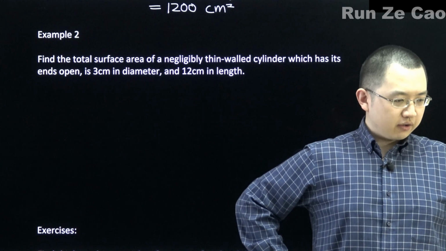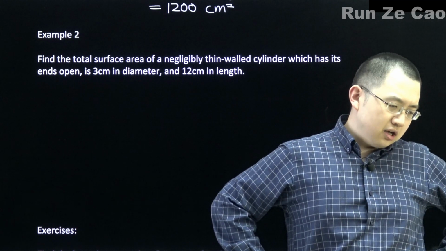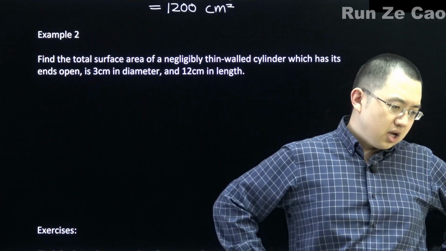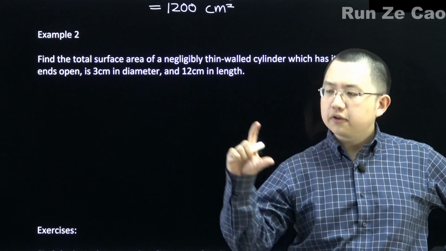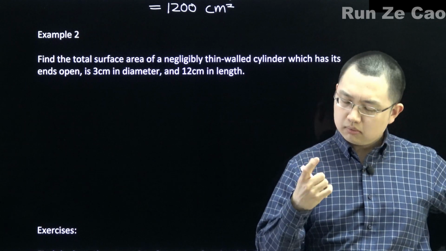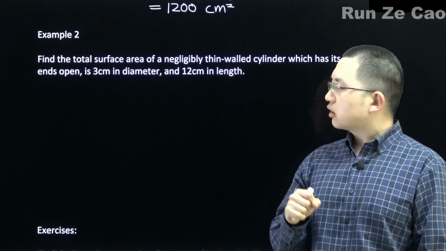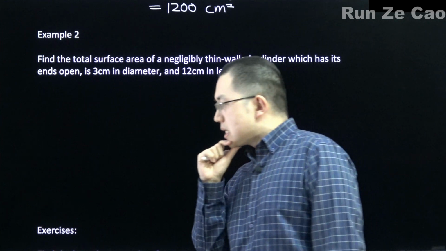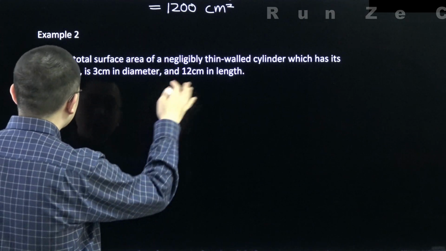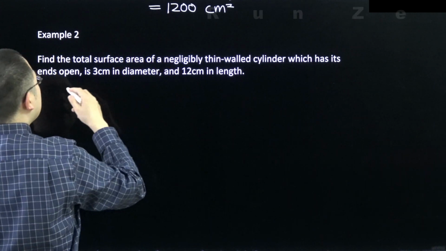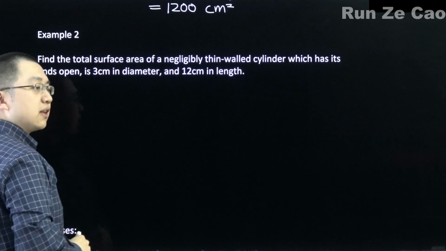Find the total surface area of a negligibly thin-walled cylinder, so a theoretical object, which has its ends open, is 3 centimeters in diameter and 12 centimeters in length. This shape sounds familiar. The dimensions sound familiar, kind of. But whatever. We can think about that later. So, total surface area. What does this mean?